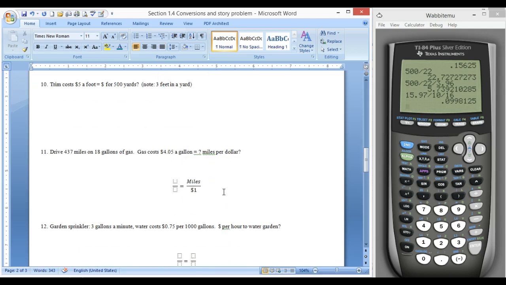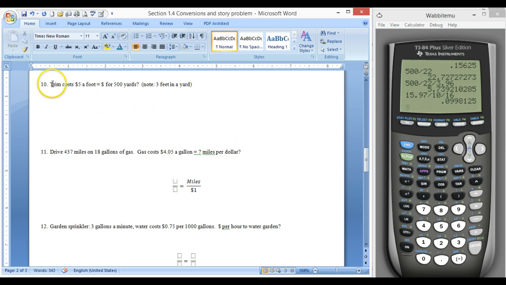Example number 10. A trim carpenter is installing some expensive trim, let's say $5 a foot. Crown molding, a fancy crown molding. And they have a lot of trim in a very fancy house, so they need 500 yards of this trim.